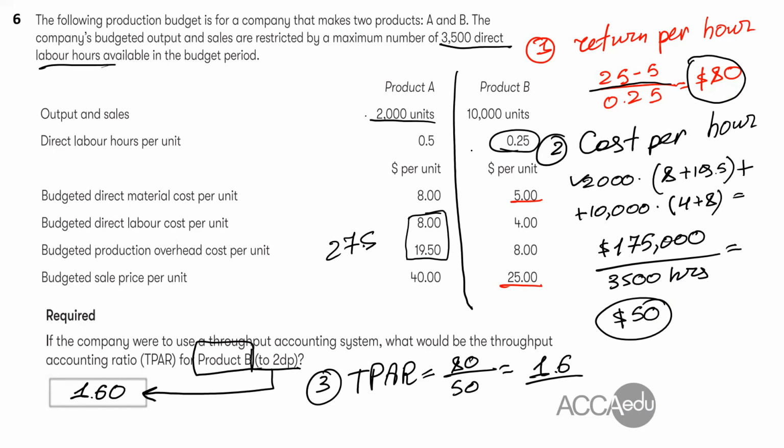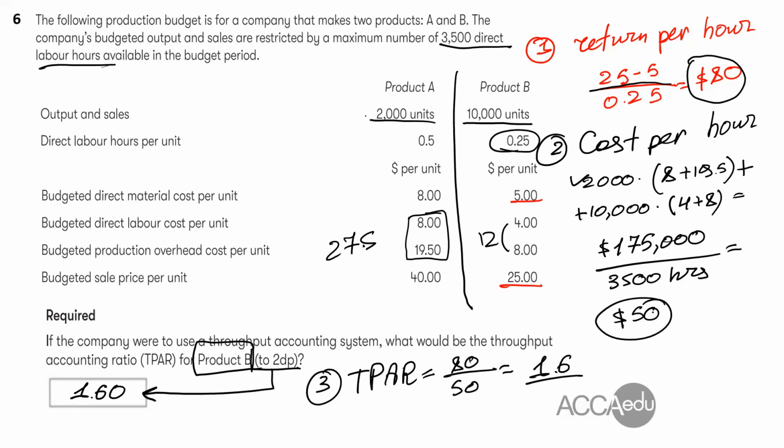Here it is. And for product B, 10,000 units by 12. So total factory costs are going to be $175,000 divided by total number of limiting factor hours. So we have total of 3,500 labor hours. So we divide by this. So the cost per labor hour is going to be $50.